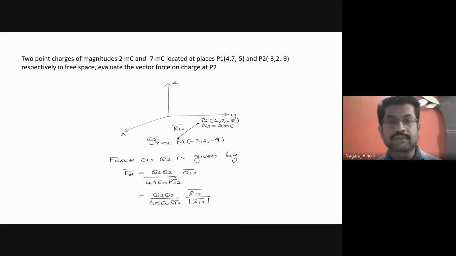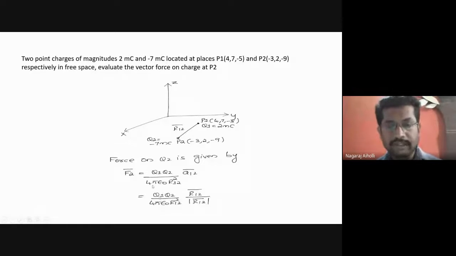They will mention that epsilon R is equal to this much. Epsilon naught, we know, is 8.854 into 10 to the minus 12 farad per meter. Epsilon R is 1 because it is free space. Therefore F2 bar is equal to Q1 Q2 divided by 4 pi epsilon naught R12 square into unit vector A12 bar.